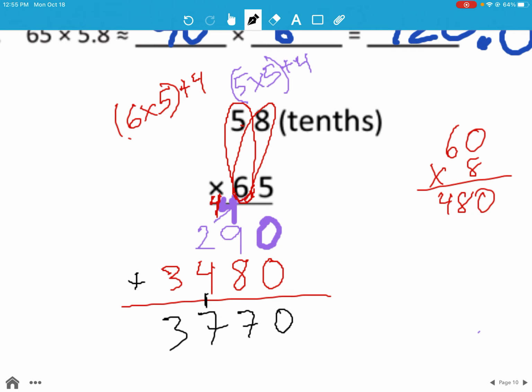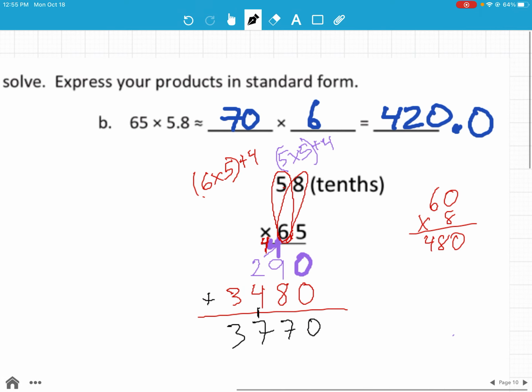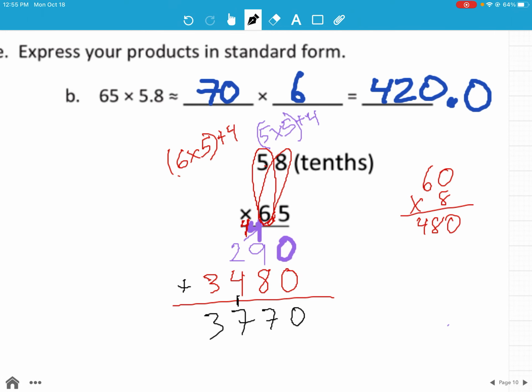All right, so now my answer is 3,770, but our estimation was 420. So I know my decimal is going to go right here. How do I know that? Because I'm going to divide this by 10. Well, actually, let me write it down. So this is tenths.